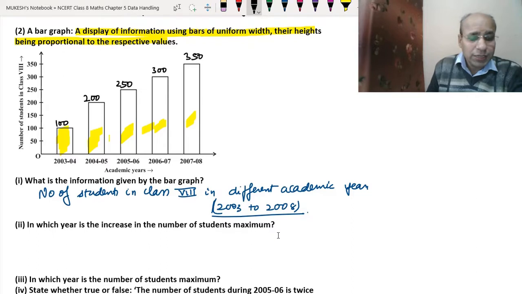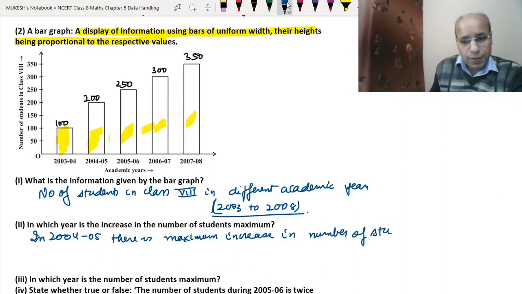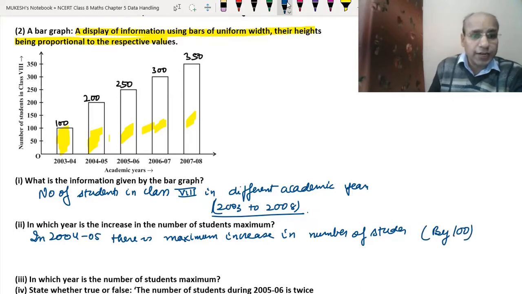What you can see is that the height of the graph is maximum between the sessions 2003-4 and 2004-5. So this is the maximum shift here. That means in 2004-5 there is a maximum increase in the number of students, by 100. By just looking at the difference in the height of the graph, we can see the difference.